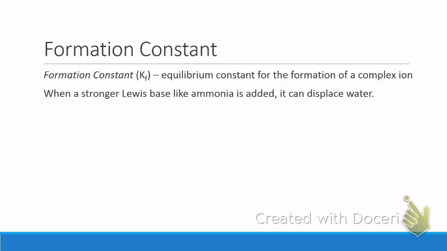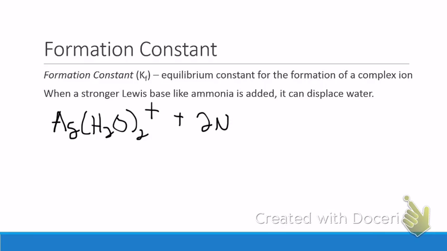This occurs because when a stronger Lewis base than water, water is an okay Lewis base but not very strong, things like ammonia are pretty strong Lewis bases and can displace water. So when that happens, we start with our water complex like we stated on the previous slide, and say we added 2 moles of ammonia to that.